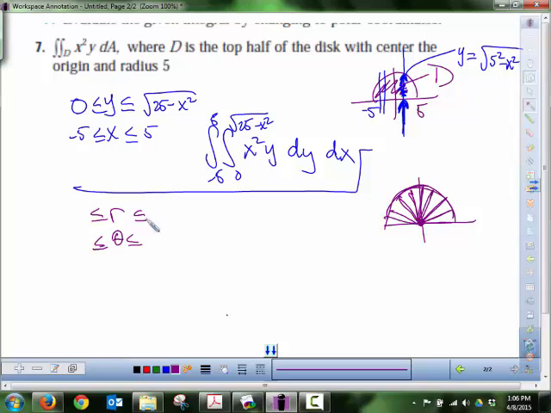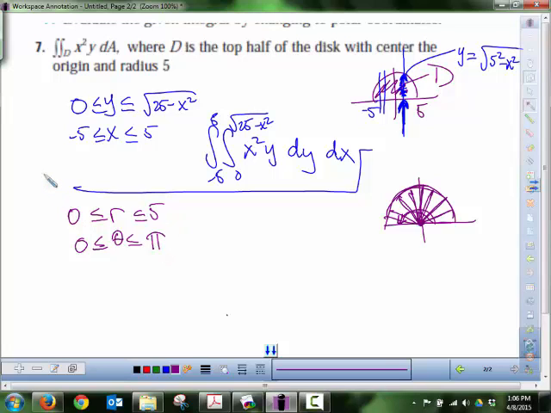So it looks like we're going to go from 0 to 5, constant 0 to 5. And our angle goes from what to what? We have our convention of the positive x-axis being angle 0 and going in the counterclockwise direction is positive. So 0 to pi would be our limits.